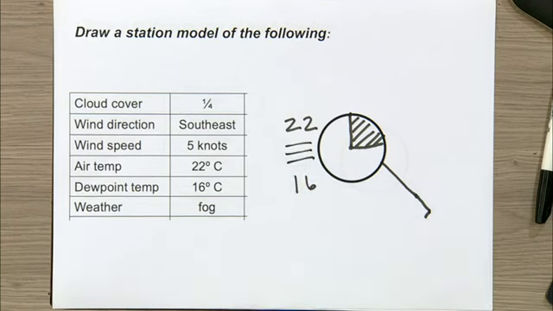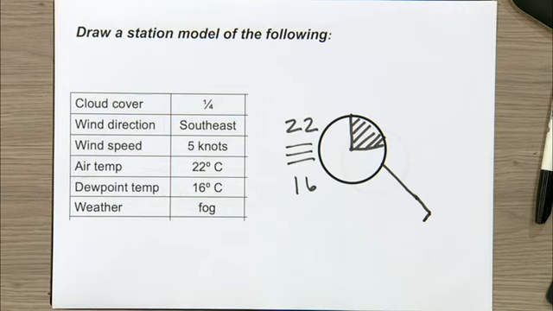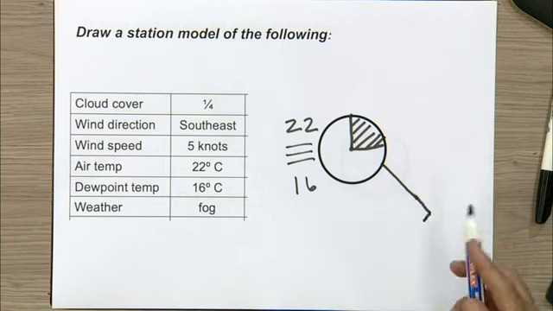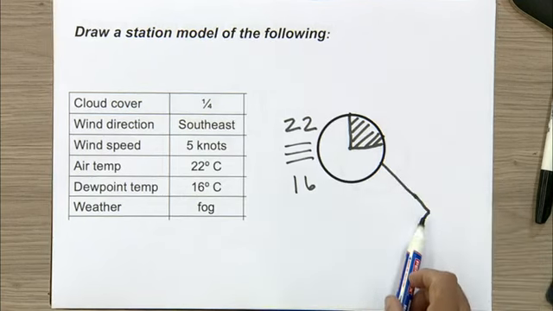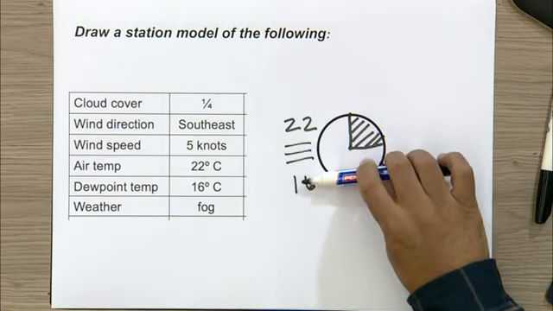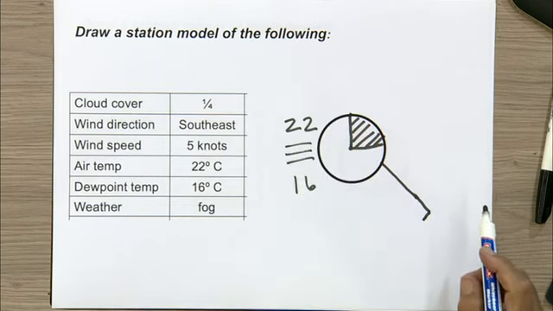And that's the symbol for fog. And for this, you will get 6 marks, 1 mark for each of the elements. 1 mark for the quarter cloud cover, 1 mark for the southeasterly wind direction, 1 mark for the 5 knots, 22 degrees Celsius, 16 degrees Celsius dew point temperature, and then the weather, which is fog.